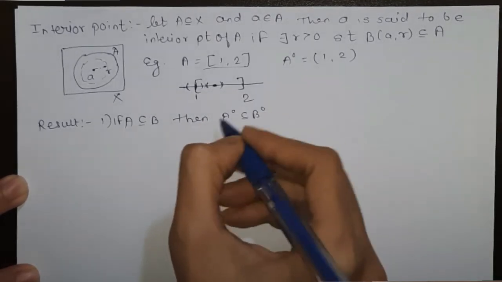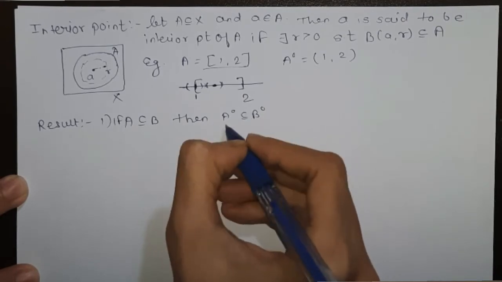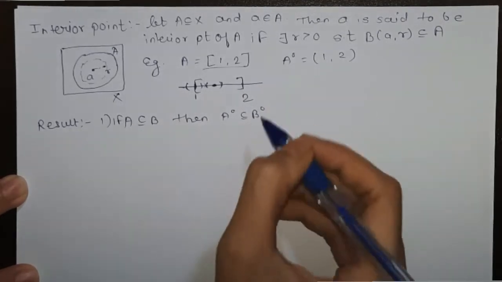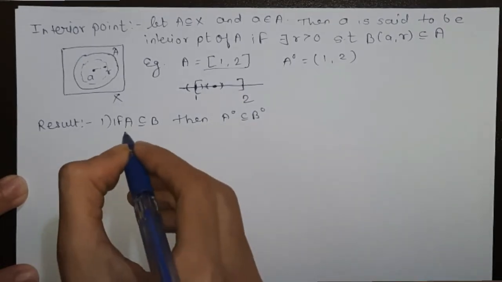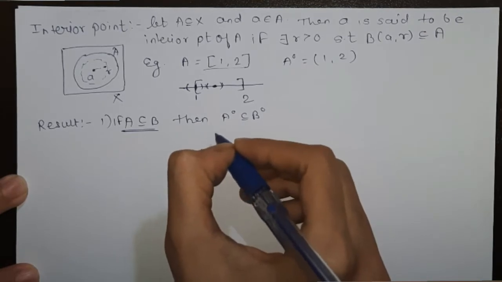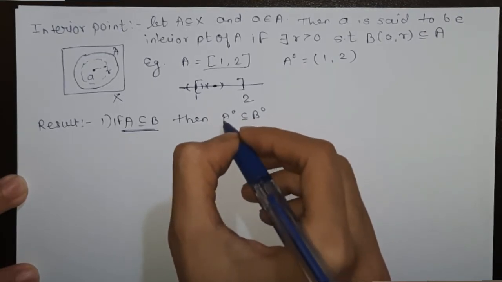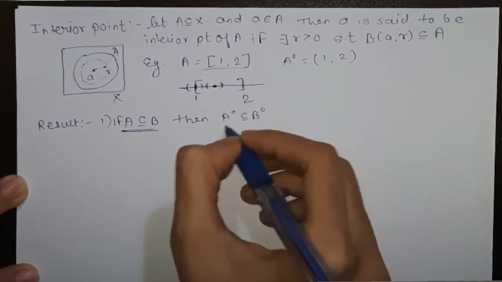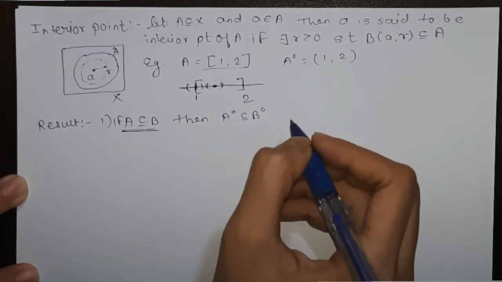How do you prove this? You take one point from A interior and apply the definition, and by using this property you can easily say that the point you are taking from A interior is in B interior. That's why A interior is a subset of B interior.